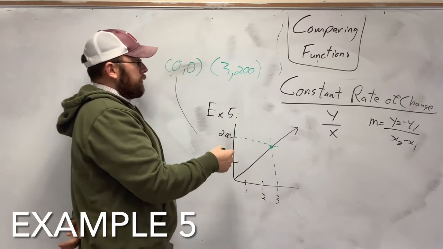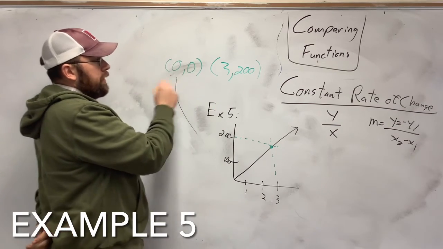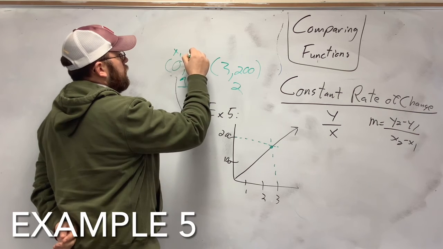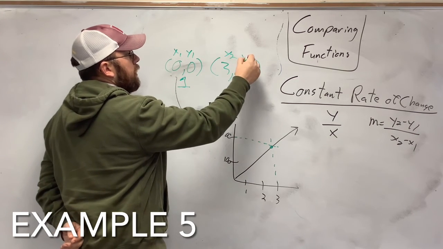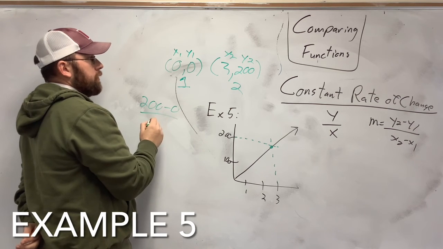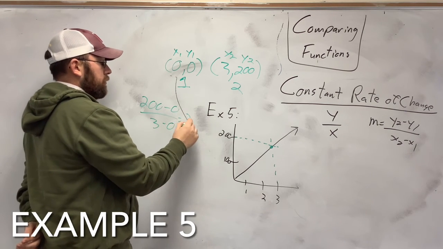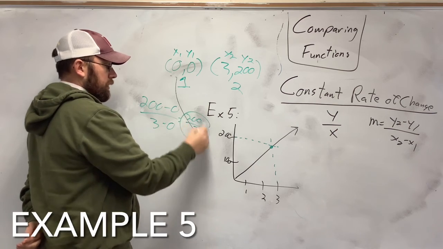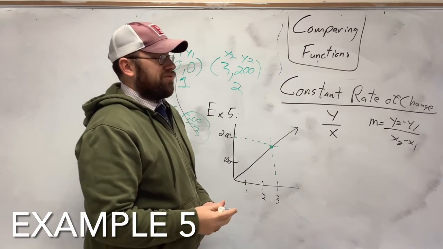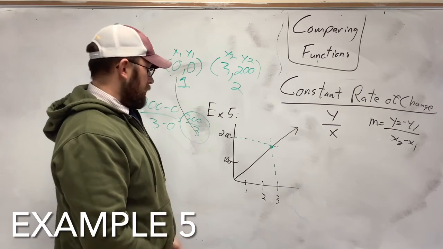And then I can do my formula over there. Call this 1, call this 2, x1, y1, x2, y2. Plug it in, so I get 200 minus 0 over 3 minus 0, which is 200 over 3. And that's a repeating number.